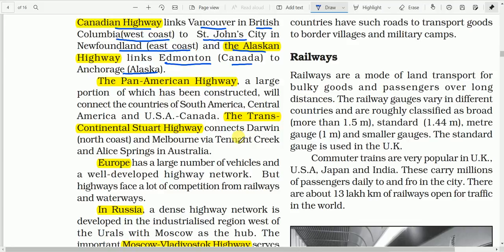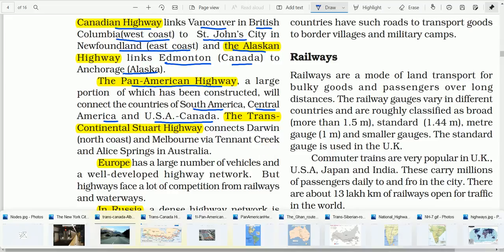Then another highway is the Pan-American Highway, a large portion of which has been constructed, connecting the countries of South America, Central America, the USA, and Canada. This is another great highway, known as the Pan-American Highway.